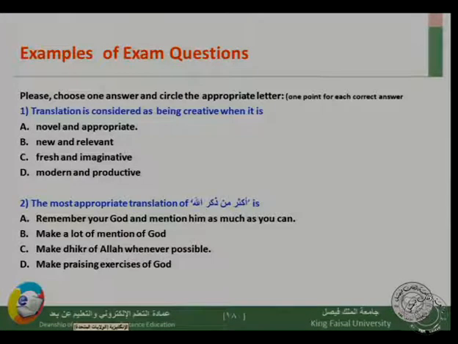Now, if you want to know what kind of translation questions you might face in the exam, the following two are examples. The exam questions will be both practical and theoretical, and both will be based on the slides and the handouts.